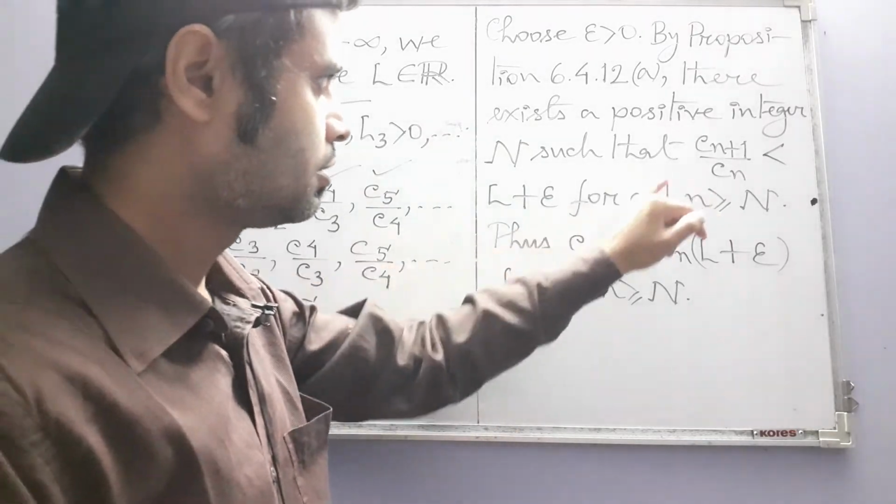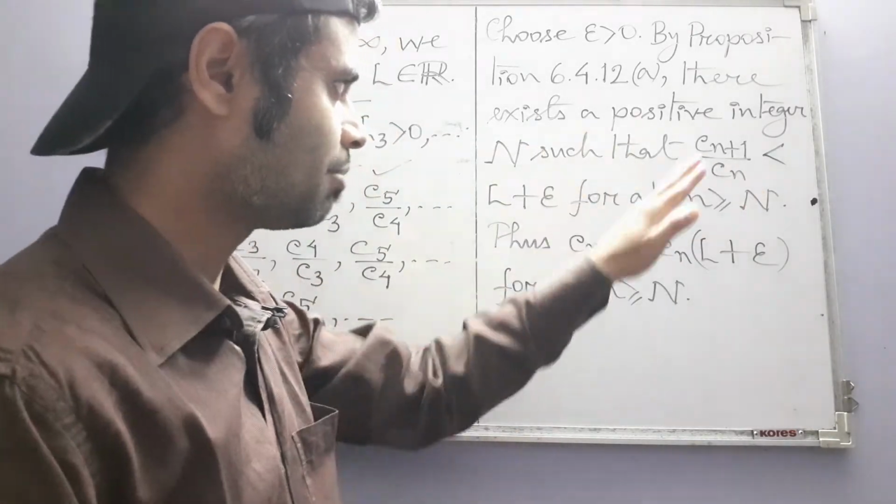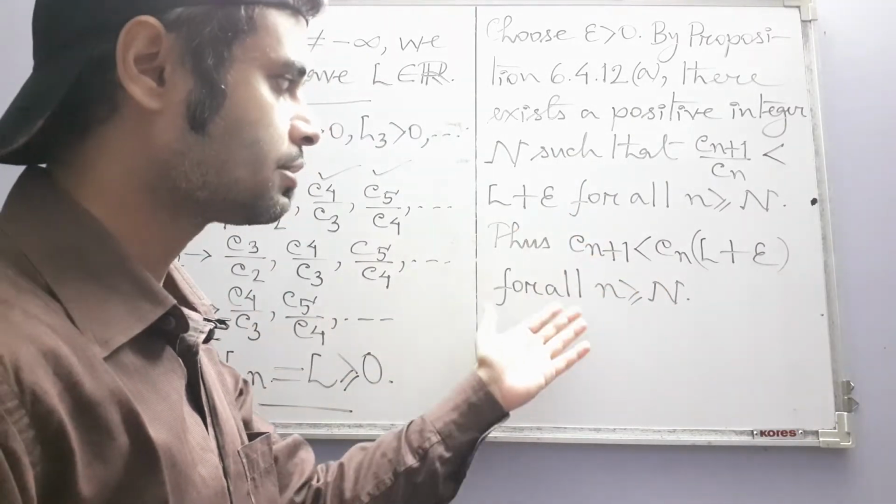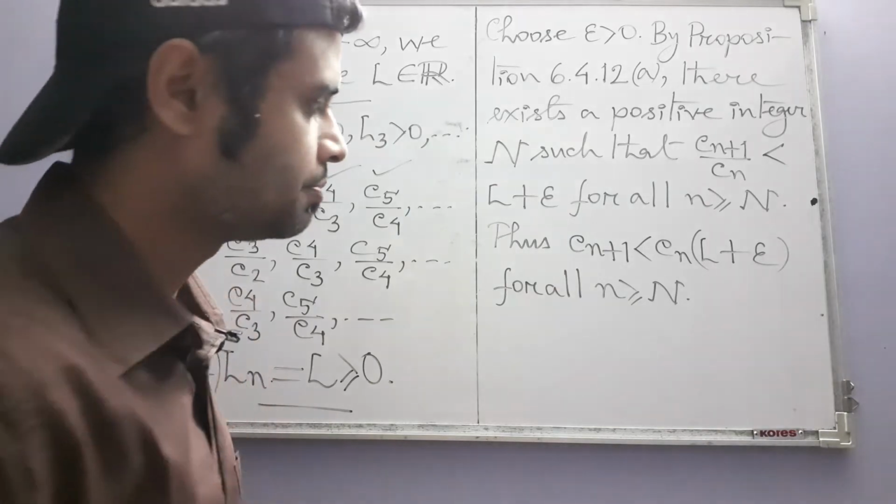That is because to get this inequality from this, we have to multiply on both sides by Cn, and the inequality has not got reversed because Cn is positive.